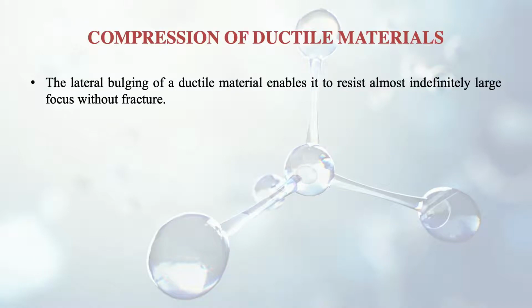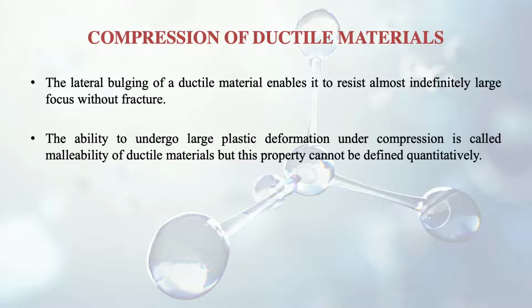So the lateral bulging of a ductile material enables it to resist almost indefinitely large forces without fracture. As I told you earlier, lateral bulging will keep on happening in ductile material, and it will be able to resist it without any fracture.